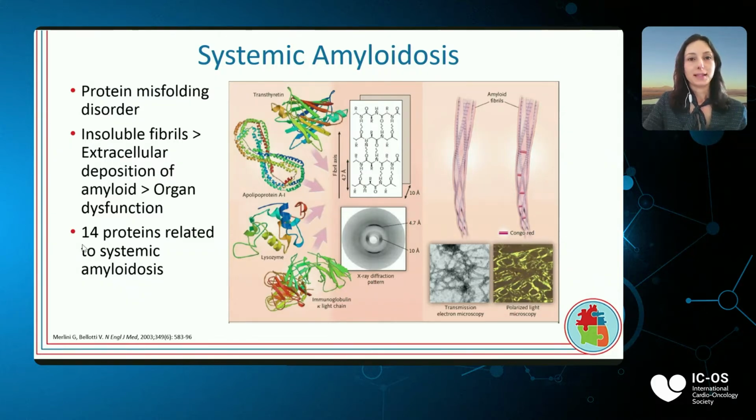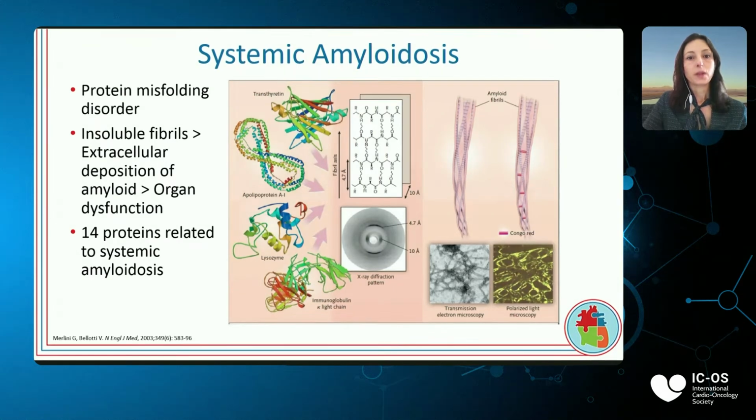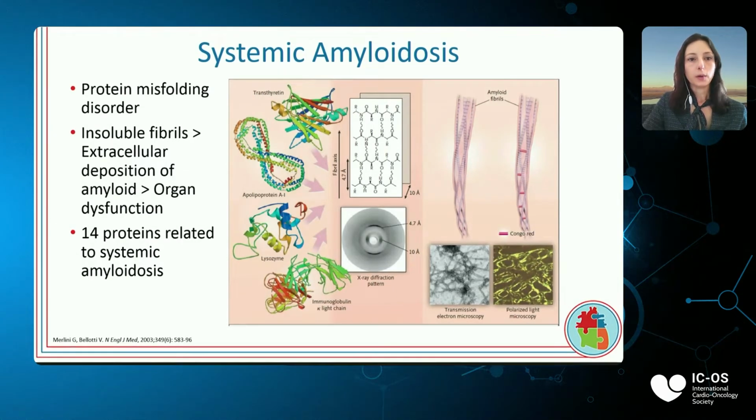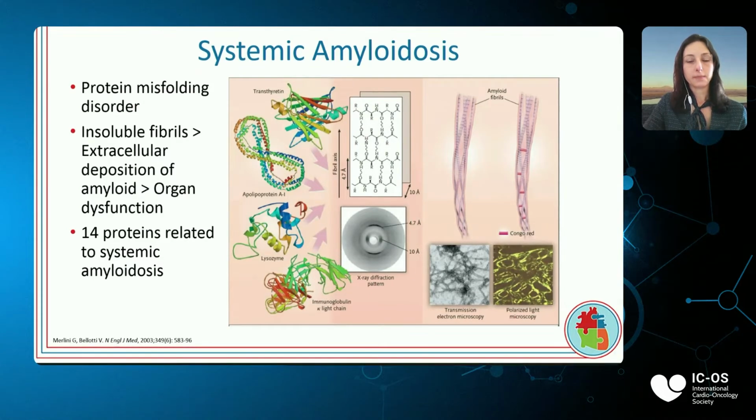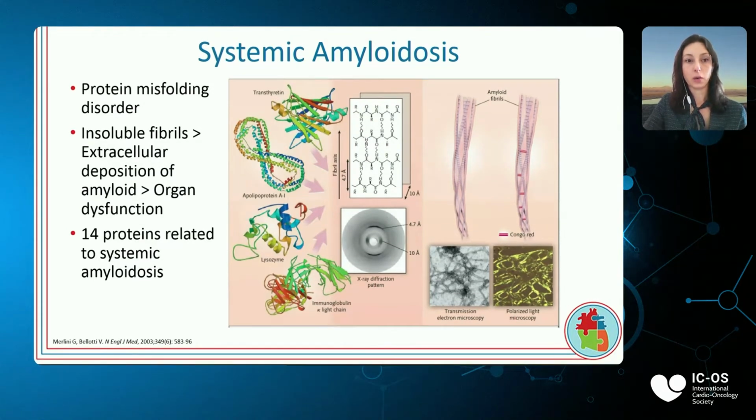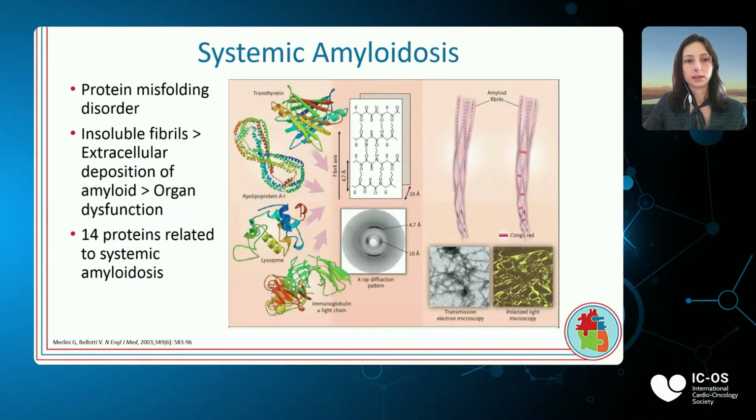We know that systemic amyloidosis is a protein misfolding disorder where insoluble fibrils are produced and deposited in the extracellular space of different tissues and organs, leading to organ dysfunction. At least 14 proteins are related to systemic amyloidosis.